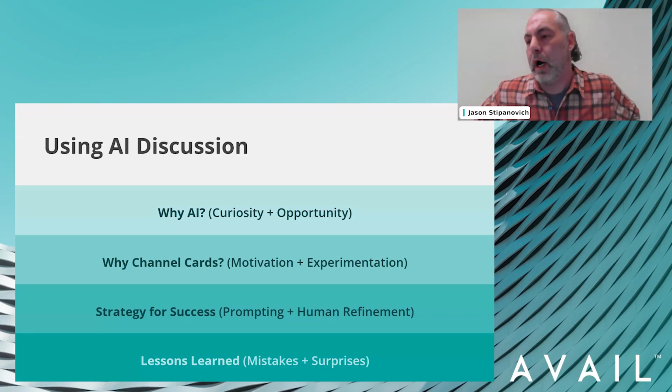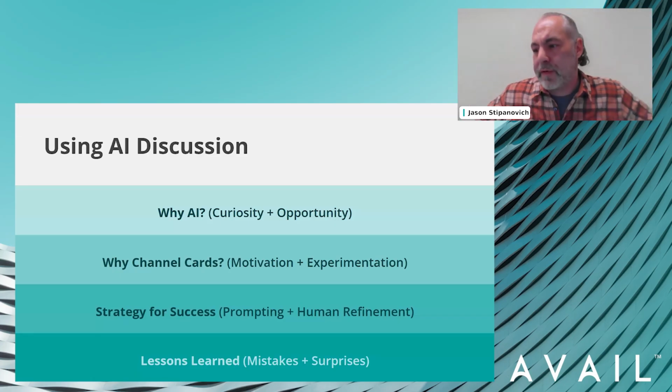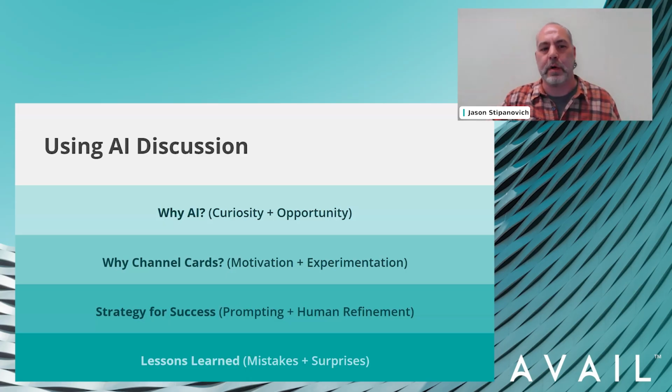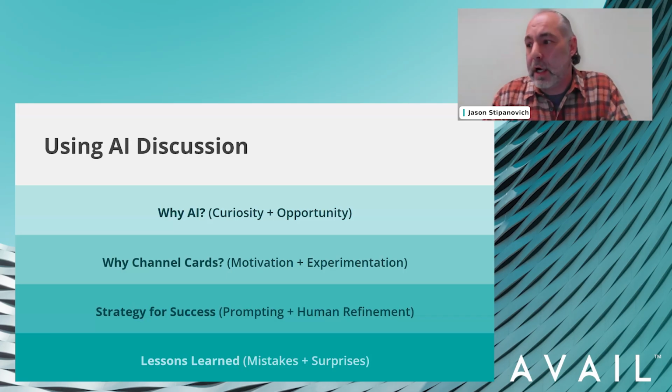Well, first of all, this decision was really personal. It wasn't part of a firm AI directive. As a firm, we're still trying to figure out what that looks like. Taking us all the way back to before we even got Avail, our content library was the Wild West.